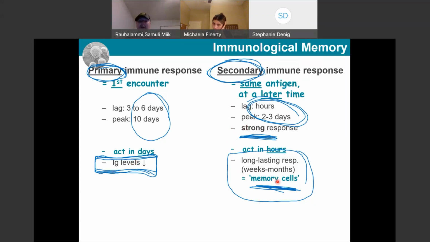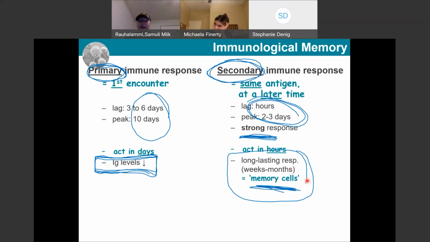This is because we have now developed memory cells, and it's these memory cells that can last weeks, months, even years. And we can generate these memory cells either by getting sick or by getting vaccinations. So that's why with COVID, for example, if you've had COVID, you're probably going to be fine for a while because you now have immunological memory against COVID.